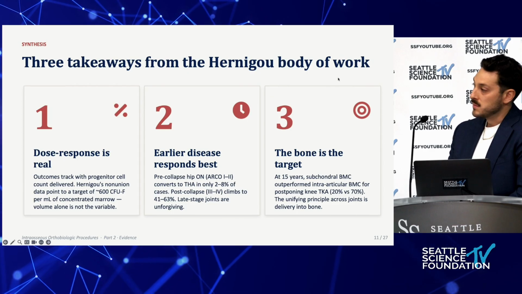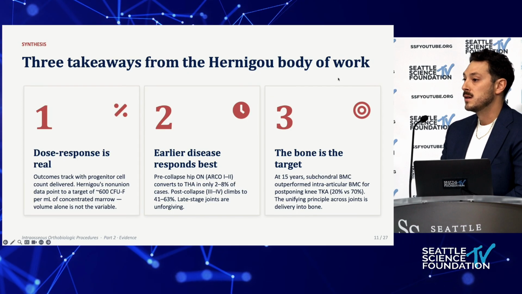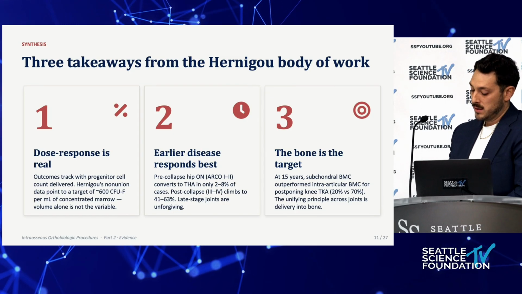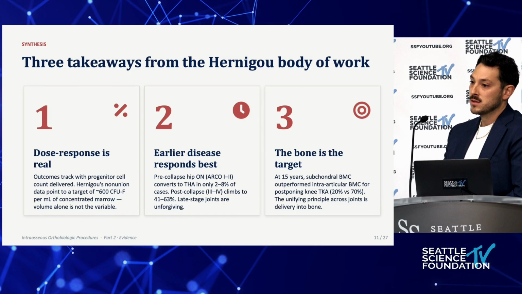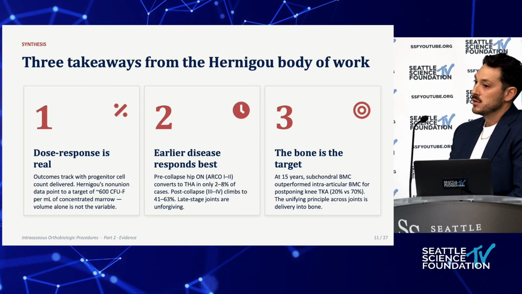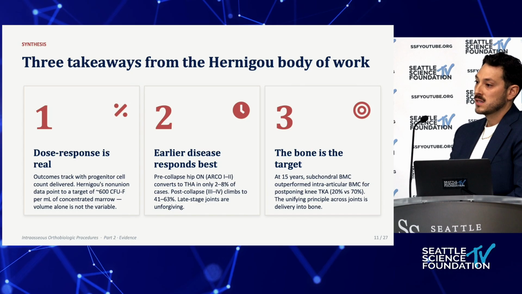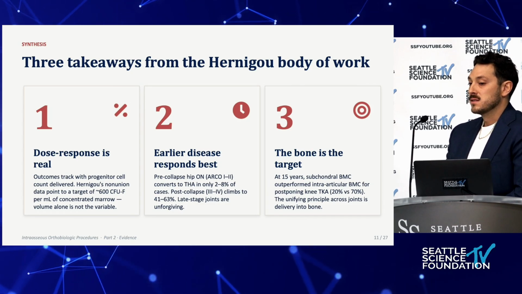Kind of the 3 takeaways from his body of work is that there's a dose-response curve. This was done on non-unions, where they increased the dose of their colony-forming units to see at what dose you could get the bone to start to heal. You need to have about 600 colony-forming units per milliliter to have this clear dose response. So the volume of injectate isn't necessarily what matters.